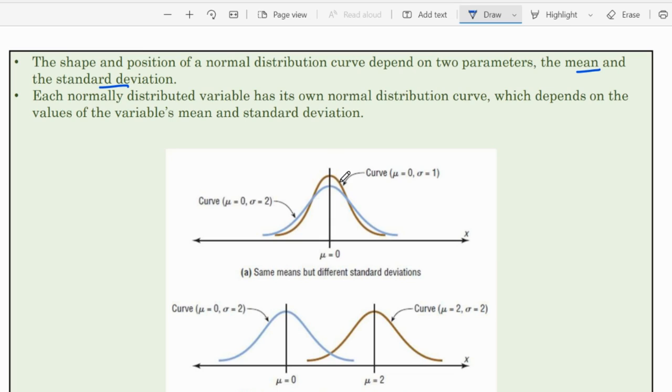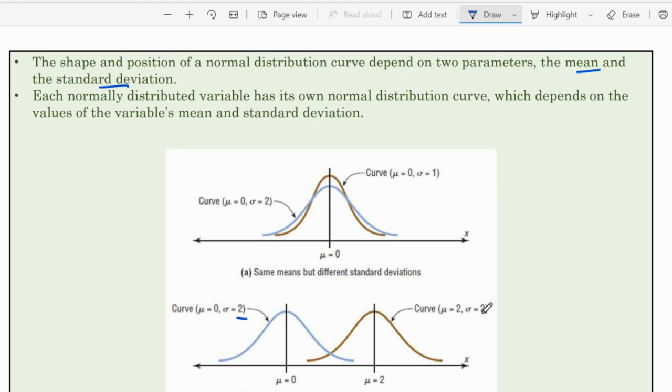But if the standard deviation is 2, we have the lower blue curve. That's because if your standard deviation is bigger, it'll stretch the graph out from side to side, therefore making it shorter.